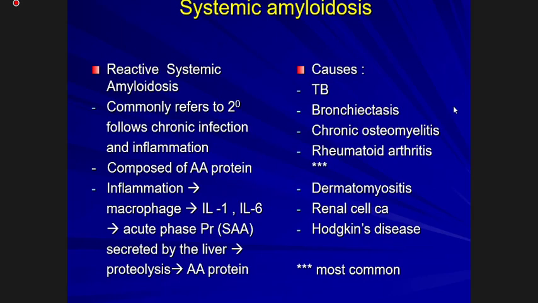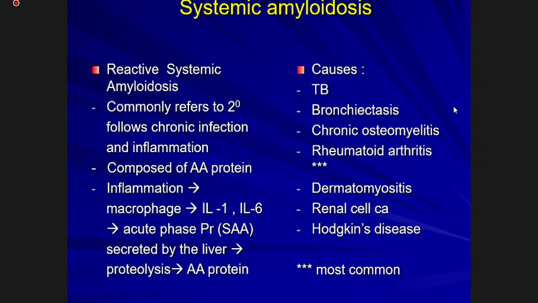Okay, so we move to the systemic amyloidosis, which is also called reactive systemic amyloidosis. Like I mentioned earlier, it is actually part of the acute phase protein, which is your SAA, serum amyloid associated protein. It is excreted when there's inflammation, especially chronic infection.